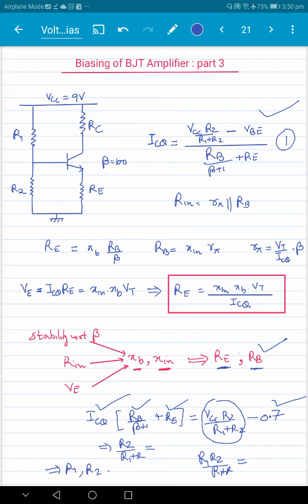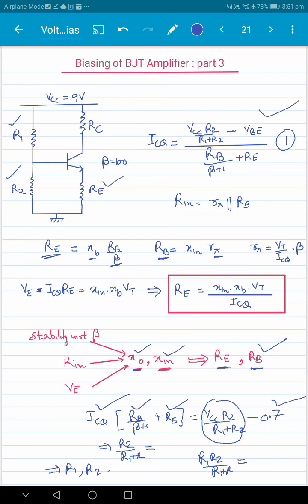So from these two equations, we'll get the value of R1 and you'll get the value of R2, right? So that's how we are able to determine these resistors here, R1, R2, and Re. And everything depends on this particular choice here, Xb and Xn: how large an Re you want to get compared to the Rb by beta, and how large an Rb you want to make compared to R pi.